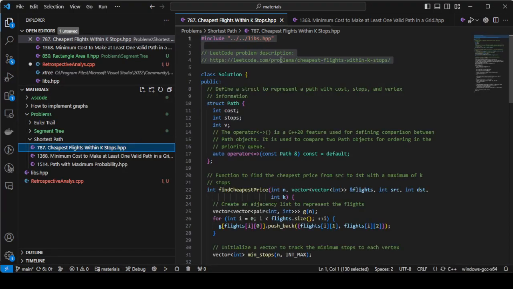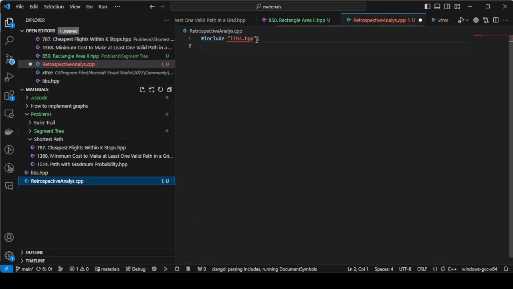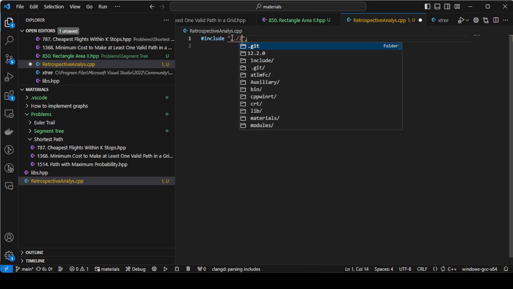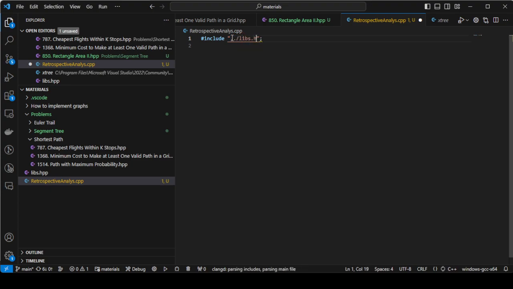I guess there won't be a semicolon. Semicolon? What? I don't understand you. What does semicolon mean? The last two dots.